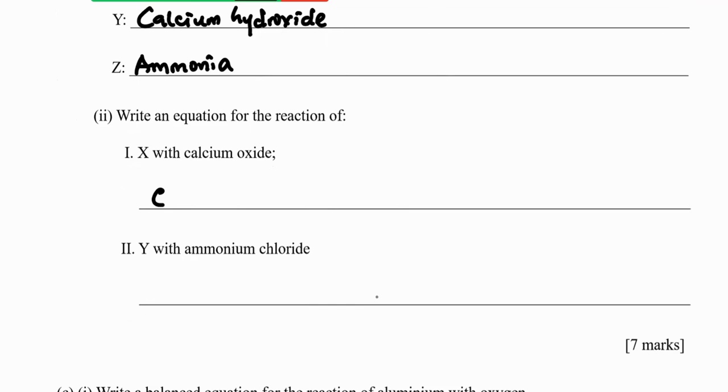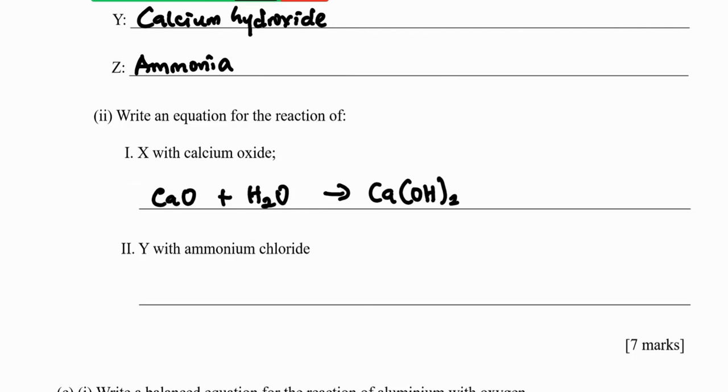So that is water with calcium oxide. We would have our calcium oxide plus H2O to give us Ca(OH)2. Let me properly write this. Ca(OH)2, and this is already a balanced equation.